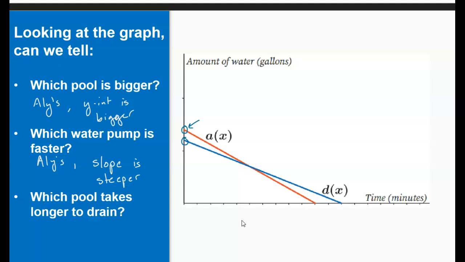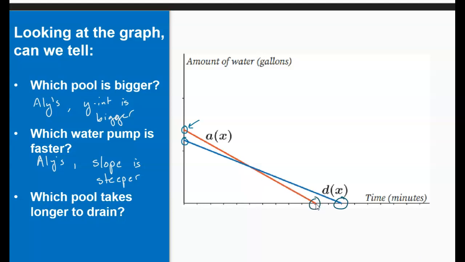Now this last question, which pool takes longer to drain? How can we tell that? Well, now if we look down here at the x-axis where it crosses, where both of them hit 0, we can tell when those pools are fully drained.